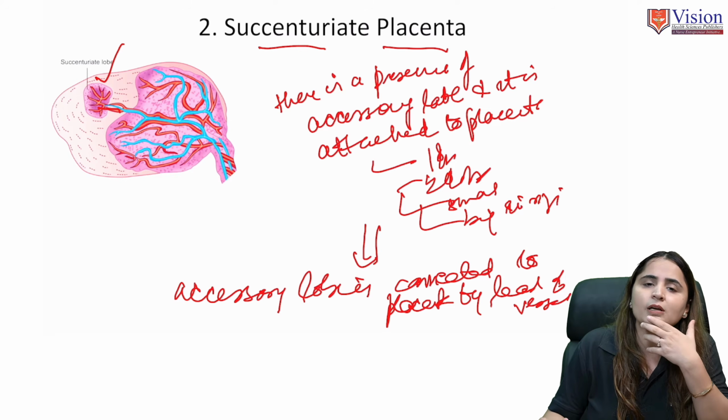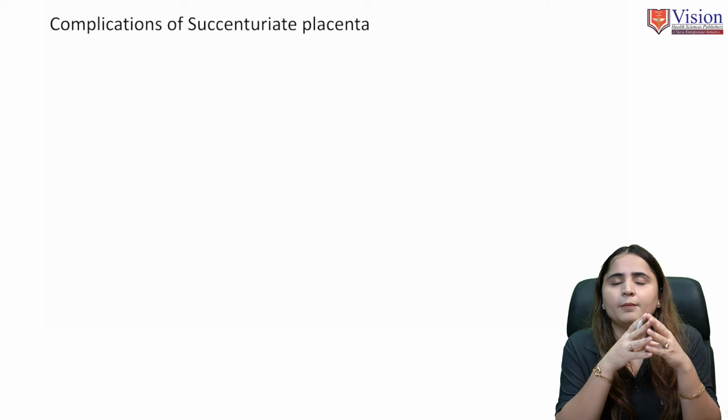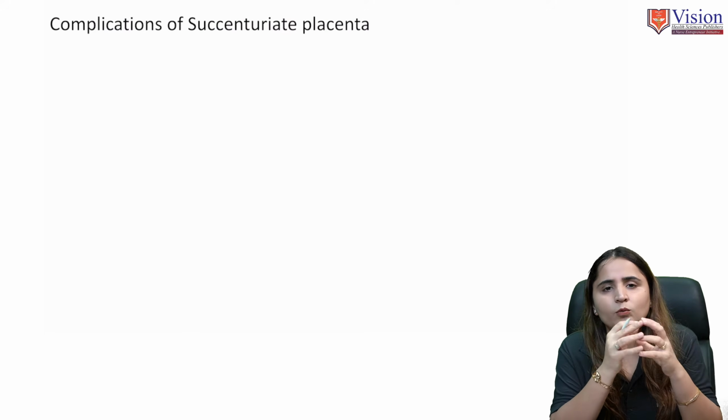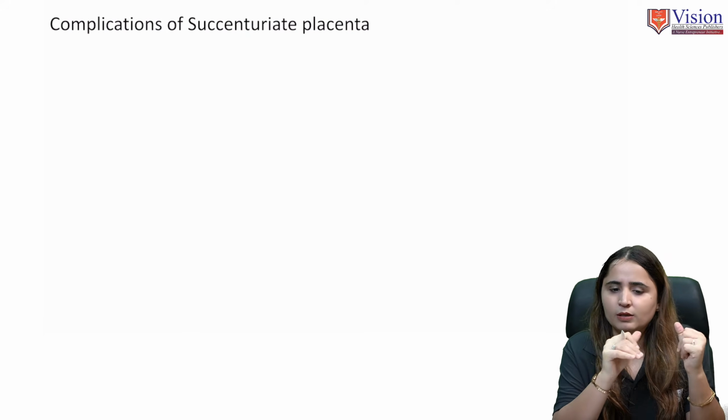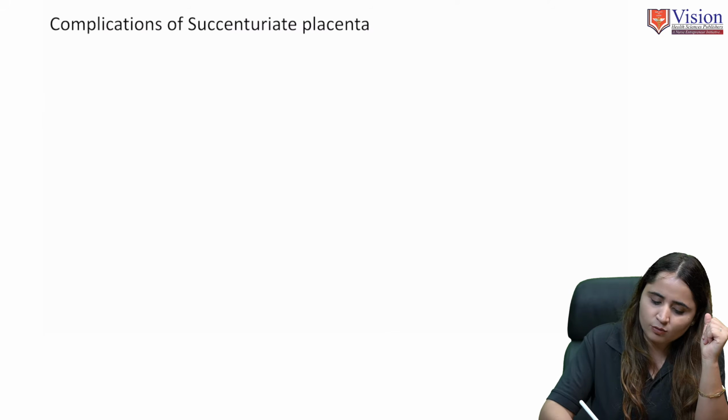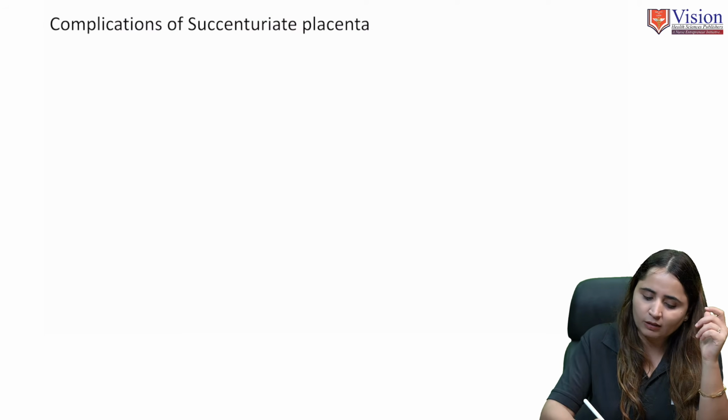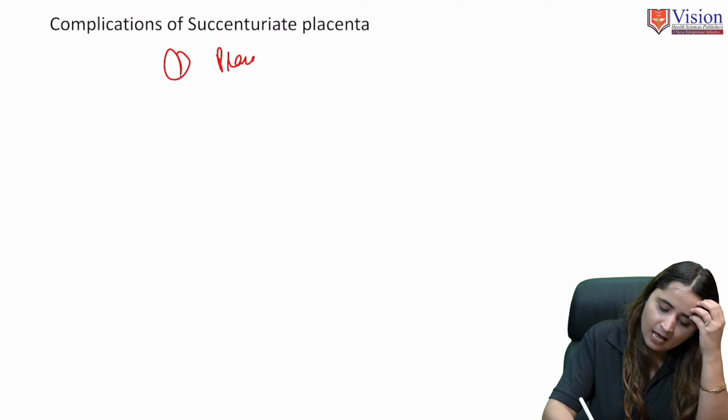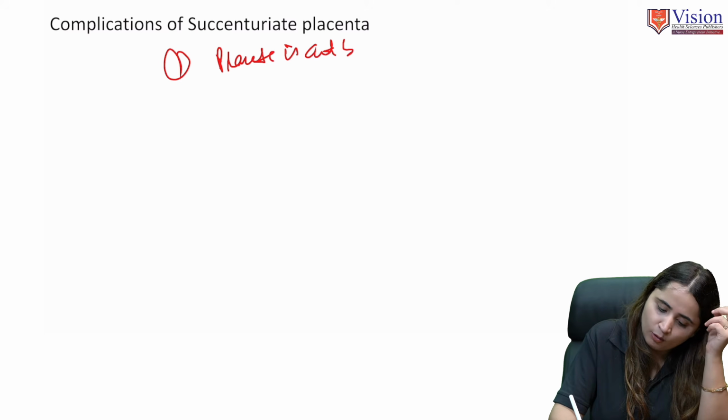So in the succenturiate placenta, first, before complications, I'll tell you one very important thing related to it. If there is a succenturiate placenta, we have delivered, the placenta is out, but the lobe remains inside.